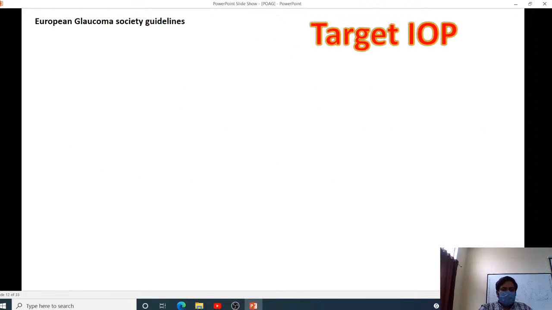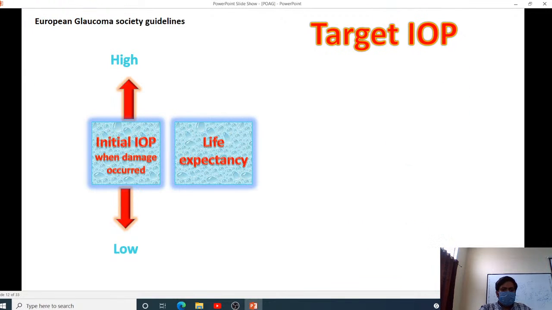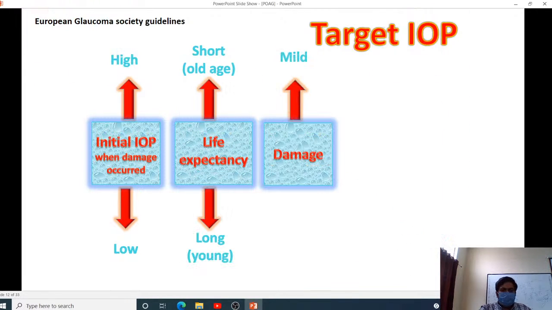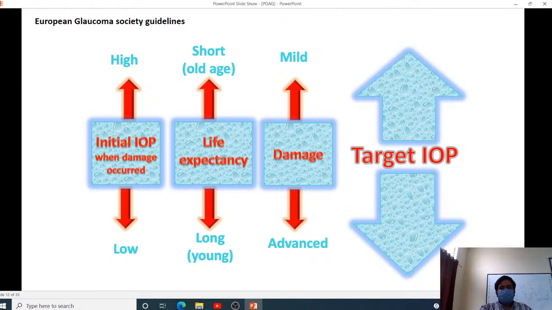And according to European Society guidelines, if the patient's initial IOP is high, or the patient is of old age, or the damage is mild, in these cases we have to set a high target IOP.